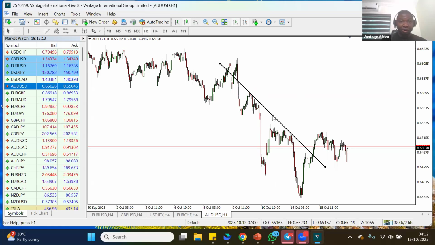Not for a very long time, but the market has been trending down for some time, maybe a couple of days, or about a week, or more than a week. The market has been trending downwards. Now, you realize as the market pulled into this level, it came down again, and then at a point, you can see that there's a breakout here.